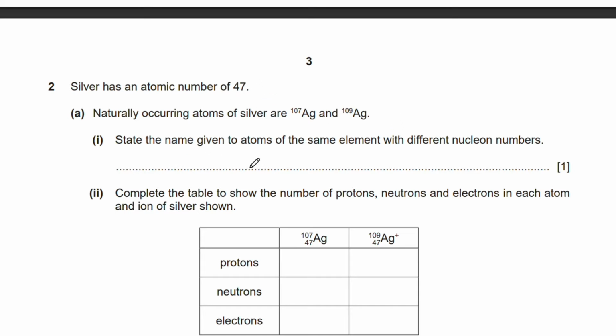State the name given to atoms of the same element with different nucleon numbers. We all know that they are isotopes. Isotopes are those which have the same proton number but differ in the number of neutrons, meaning their nucleon number is different.